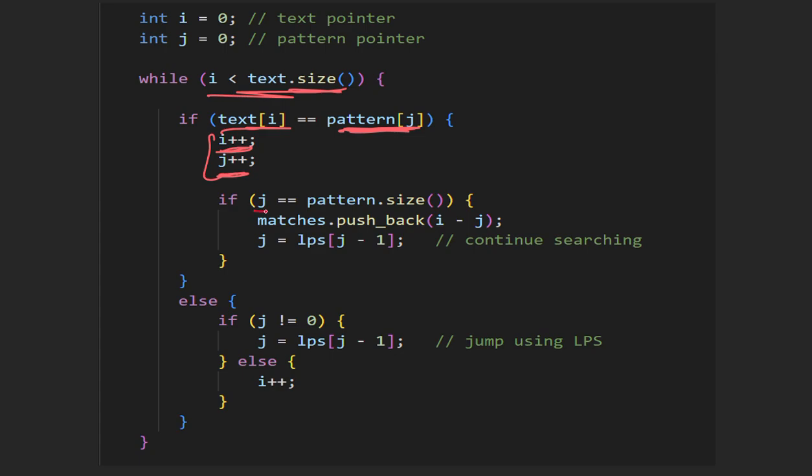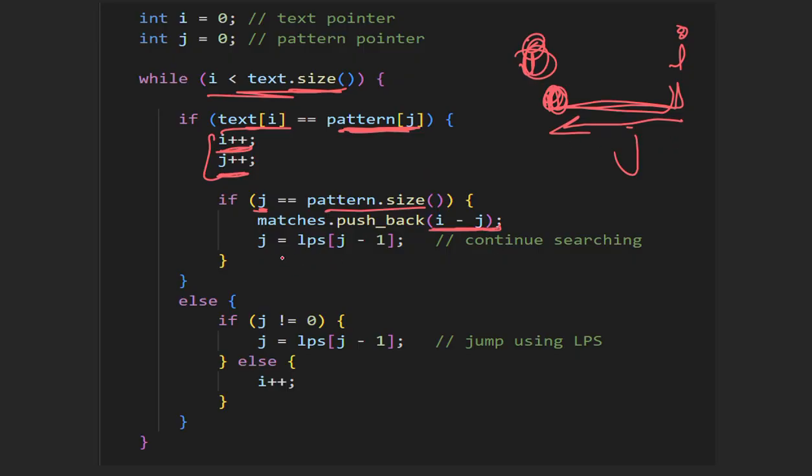And if our J pointer is equal to pattern size, it means we have found one pattern inside our string up to this index I. Then we will be taking the start index. So what will be the start index? Start index is I minus the length of the pattern, which is J, so that is I minus J.